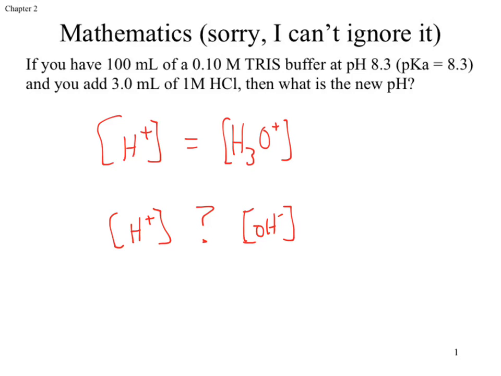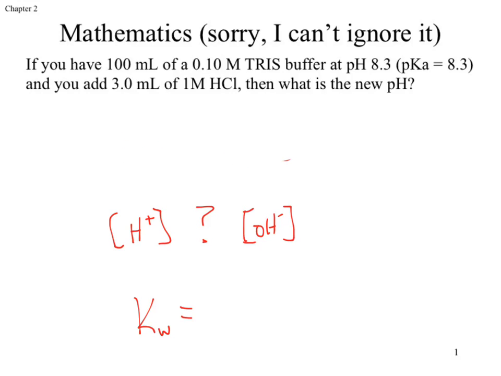Okay, as long as we're in water, we know that the Kw, which is the equilibrium expression for the dissociation of water. So what happens when we look at the reaction of water dissociating? What do we get? Concentration of H plus, the concentration of OH minus.